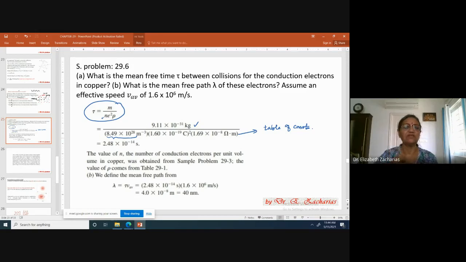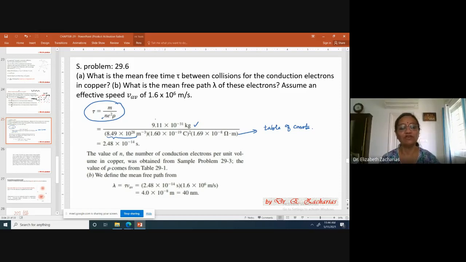Just imagine what little time it gets for acceleration between two collisions. Okay. Basically, when you do these kinds of problems, you get a feel for why the drift velocity is so small. You are able to see how fast they are losing energy.